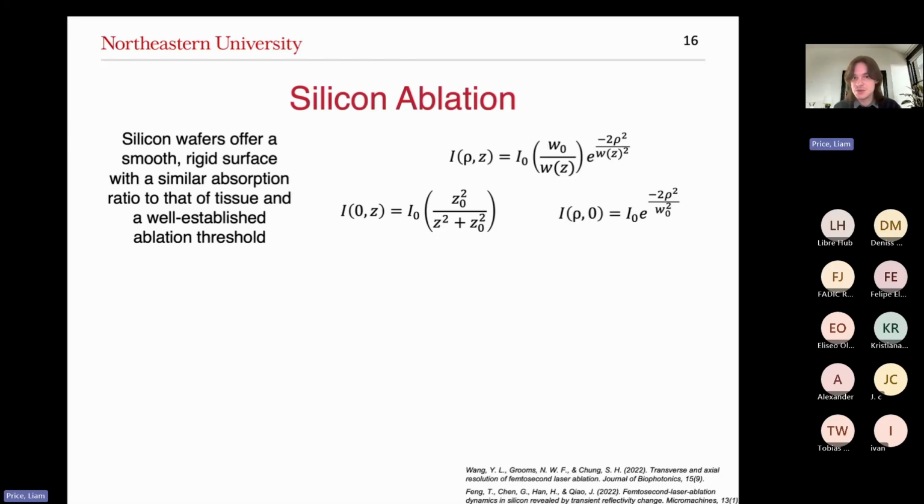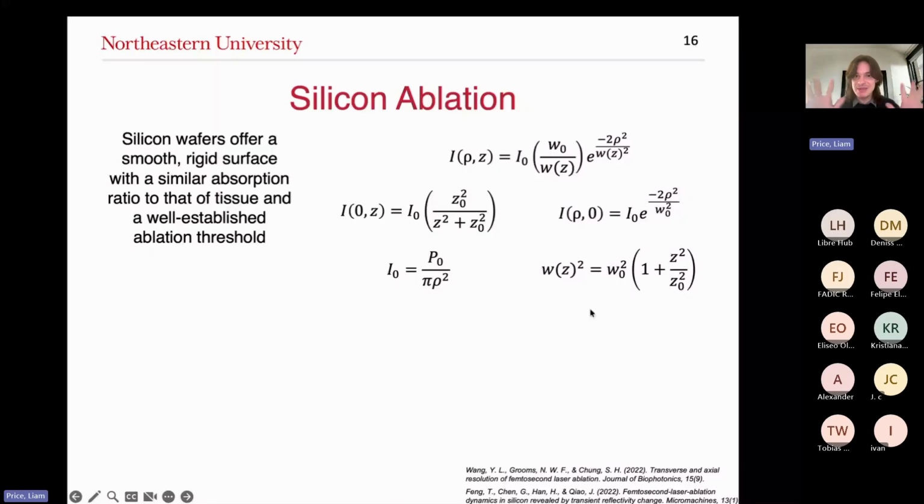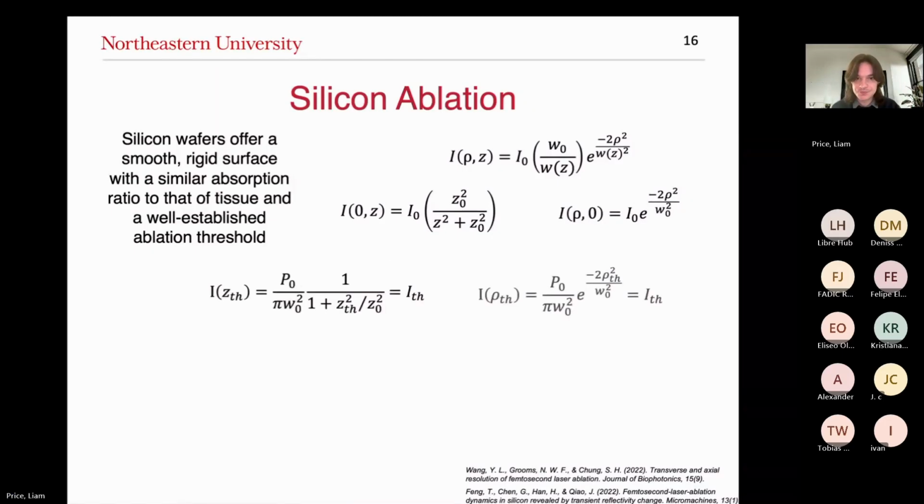And so looking at these two components broken up now, where we're either looking axially or radially, and just because it's easier to measure the power of the laser directly rather than the intensity, we make this quick substitution where we can look at this equation in terms of the laser power and this Rayleigh length substitution as well, just to make everything have the same set of variables.